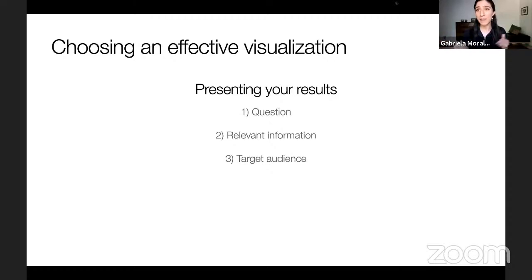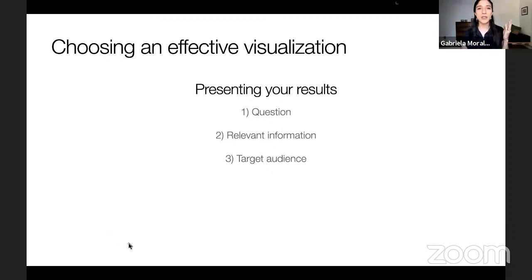For it to be effective, the target audience needs to get that information. So I just wanted to emphasize that effective can have various meanings, and as long as you communicate your information, then your communication has been effective and the visualization works. So there's no right answer for what's effective and what's not.